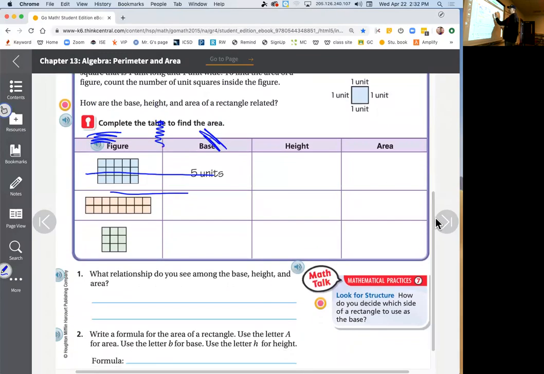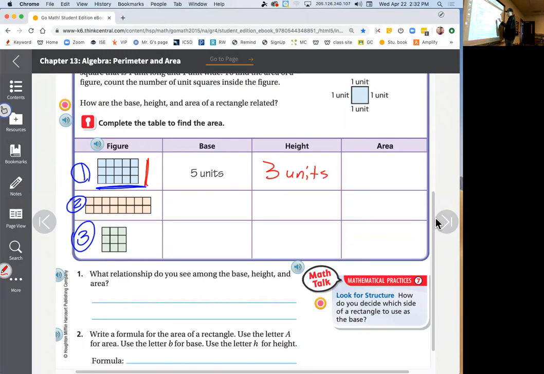So if we come down here, we can look at this figure number 1. We're going to call it figure 1, figure 2, figure 3. Figure number 1 has a base of 5. It has a height of 3 units. Do you remember how to get the area from Wednesday?